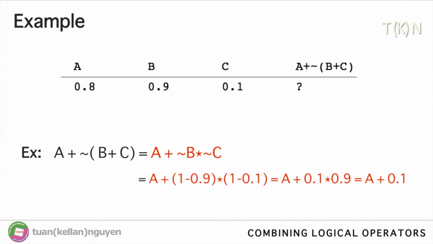The minimum value between 0.1 and 0.9 is 0.1. So the score of the conjunction of negated B and negated C is 0.1. The final OR expression requires taking the maximum value of this 0.1 and the value of A, 0.8. Then finally, we have the membership score of the focal case in the complex expression is 0.8.